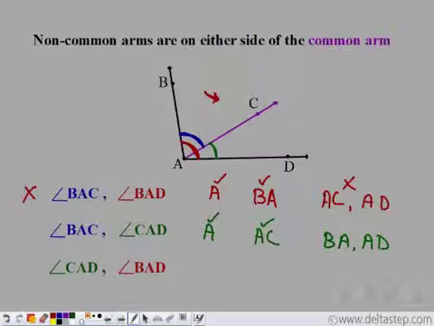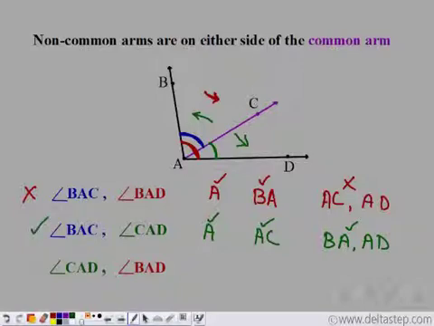Let us check whether they are on the opposite sides of AC. BA is on this side of AC. AD is on this side of AC. So yes, they are on the opposite sides of AC. So all three conditions are satisfied. Hence, these two are adjacent angles.